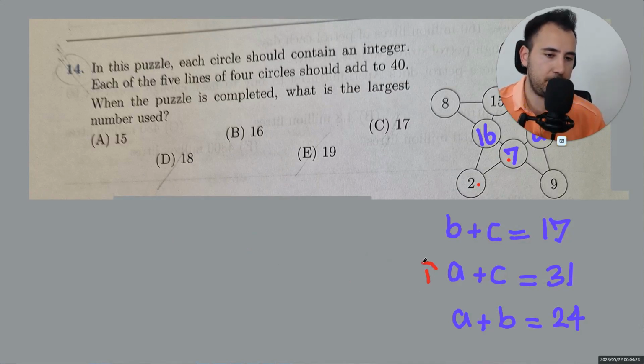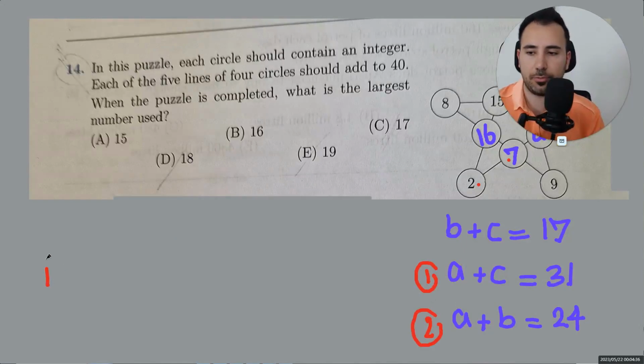This one, this equation, minus this equation. See, when we minus them, it would be A minus A. So A's will be gone. It would be A minus A, right? So it would be gone.